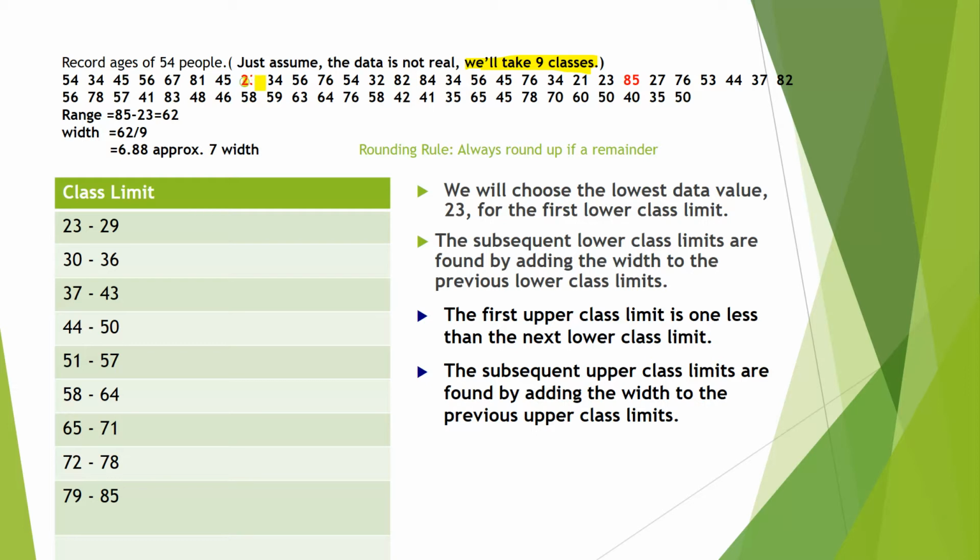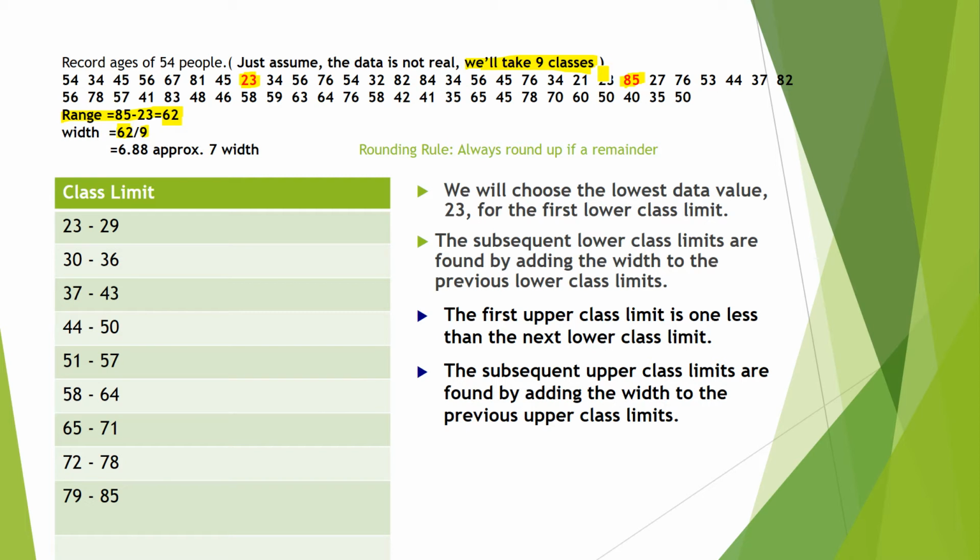First you have to find the smallest number, as I told you in the previous slide, which is 23, and the highest number is 85. Then the second point is to find the range, which is maximum minus minimum: 85 minus 23 equals 62. Then the width of the class is the range divided by the number of classes.